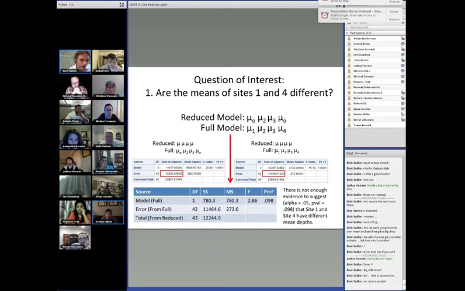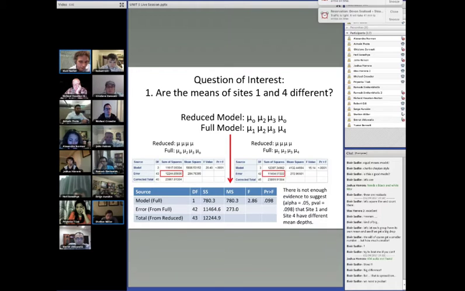So what I do is I say, okay, this was the reduced model, so I'm going to take the 12,244 and put it down here. Because this is the reduced model. It only has 3 parameters. So I put that one down here in the reduced section, and it's got 43 degrees of freedom, because that's 46 minus 3. And then I say, okay, well, the full model, that's just simply the one with the more parameters. So that's mu1, mu2, mu3, mu4. So the full model has this 11,464.